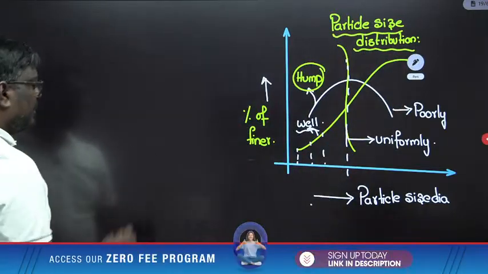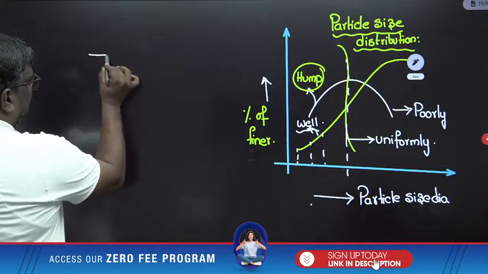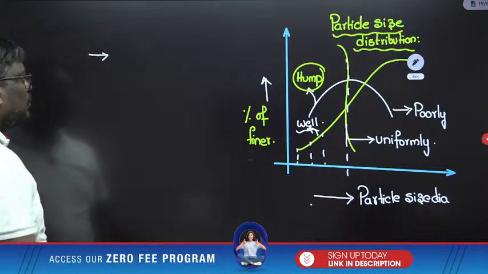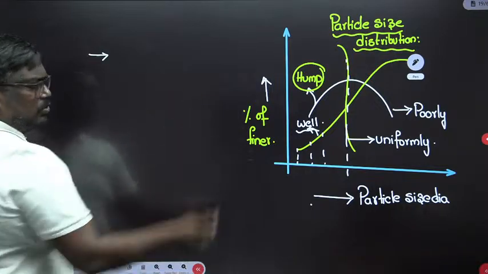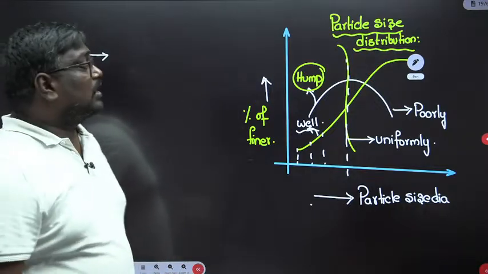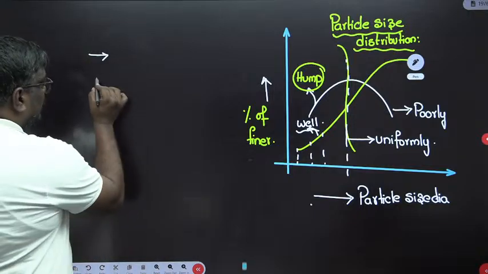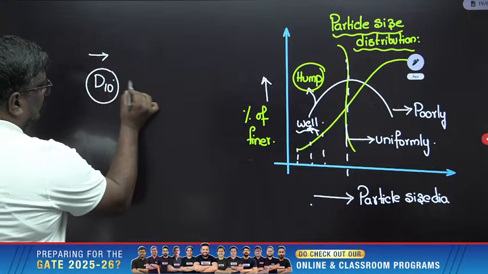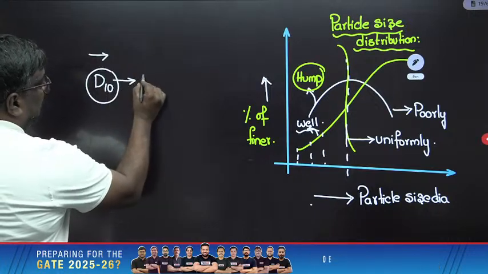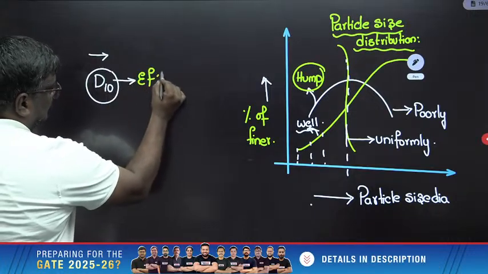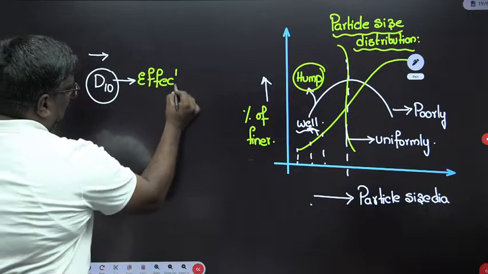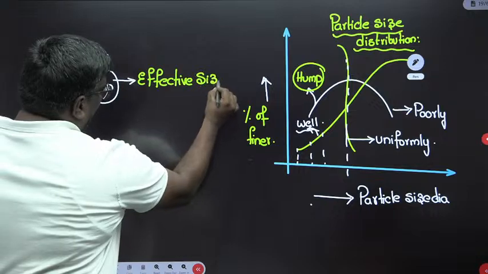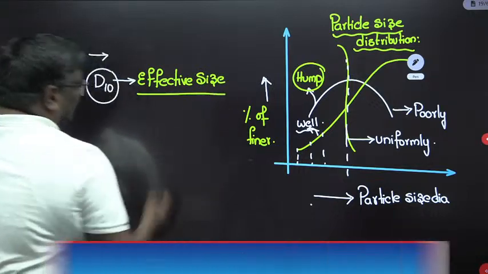Now similarly, we have two things which are very important in index properties also. Before going to the two things, let us understand the parameters which we will study. Here we have a term called D10, which we call the effective size.